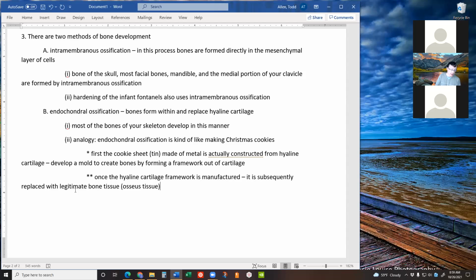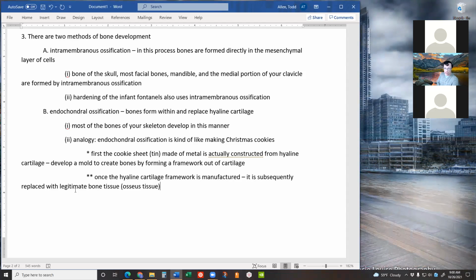Number 4, development of the medullary cavity. Bone breakdown by osteoclasts forms the hollow space where we can put bone marrow, yellow marrow typically in the diaphysis. Number 5, development of the secondary ossification centers. These occur in the epiphyses of the bone, so the proximal and distal ends of the bone.